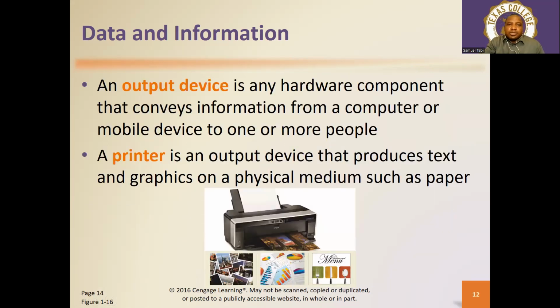So once the data has been processed, we have information, and that information is made available to us through another device, which is known as an output device. An output device is any hardware component that conveys information from a computer or mobile device to one or more people. An example of an output device is a printer. What other examples of output devices do you guys know?